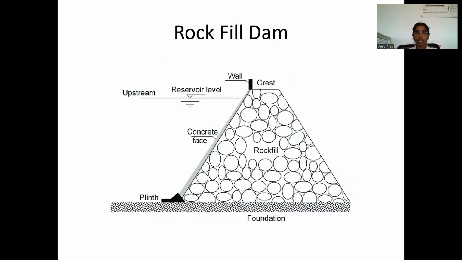Next, rock-fill dam. Here is an example of a rock-fill dam. This is the crest portion, and here it is the wall. This is the level of the reservoir, the upstream side, and this one is the downstream side. Here we are filling it full of rocks. It is used where there is an uncertain or variable foundation, which is unreliable for sustaining the pressure necessary for any form of concrete dam.